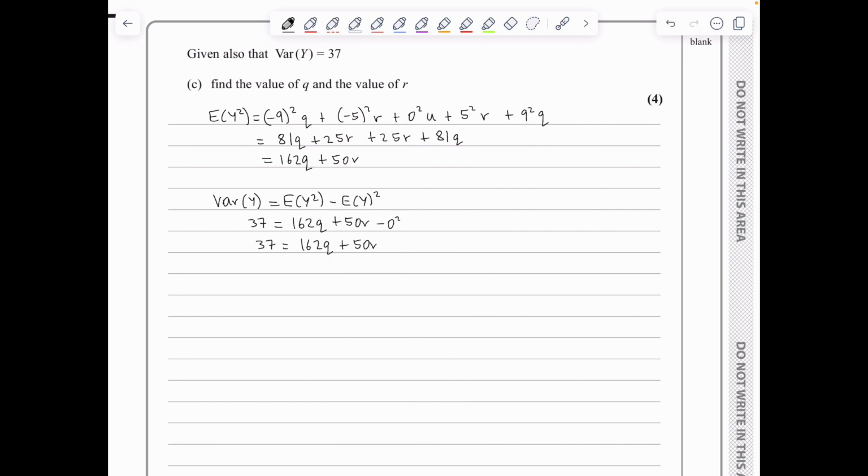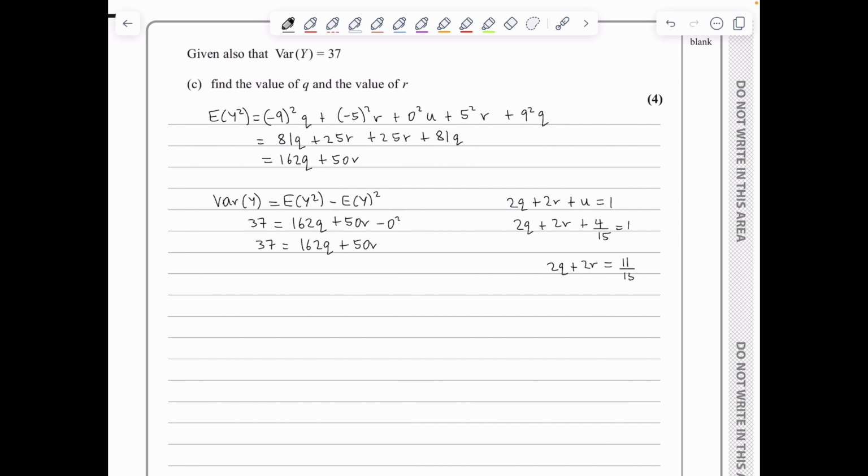We also have that 2q plus 2r plus u is equal to 1, the total probability, and therefore since u was found to be 4 over 15, we've got 2q plus 2r plus 4 over 15 is equal to 1, leading to 2q plus 2r is equal to 11 over 15.